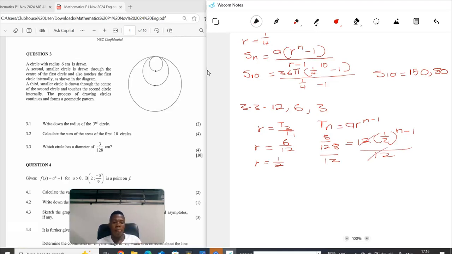Let me punch my calculator. I got 1 over 512 equal to 1 over 2 to the exponent n minus 1. Therefore, I introduce a log, with base 1 over 2.